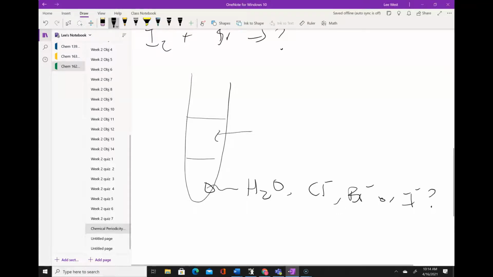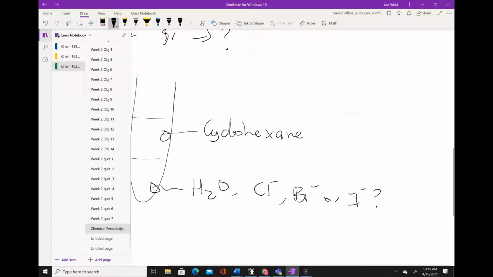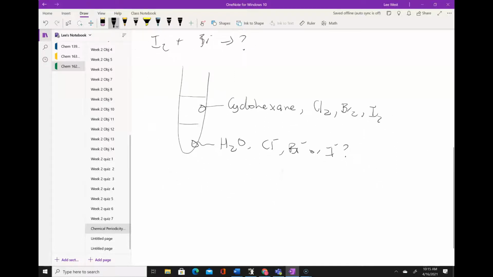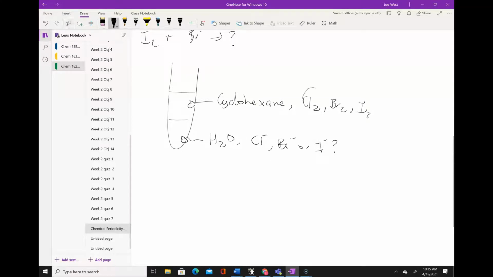And then the top layer, the less dense layer that floats on top, is going to be cyclohexane. And it turns out that ions are not very soluble in cyclohexane, so they won't go into the cyclohexane. But what is soluble in cyclohexane are the neutral molecules, the chlorine, the bromine, and the iodine. And the other really convenient thing is that these all have distinct colors.